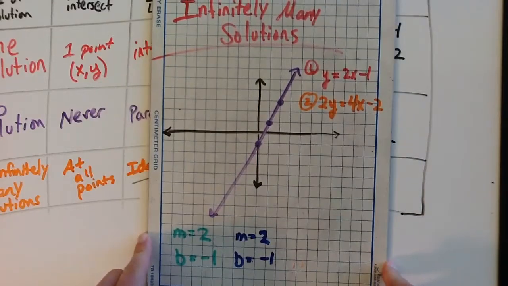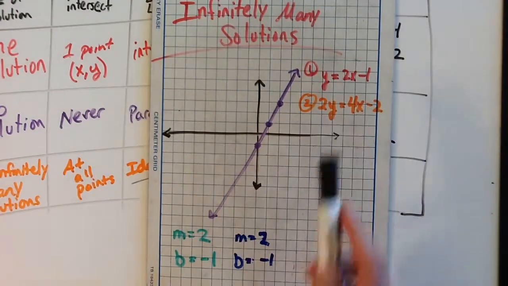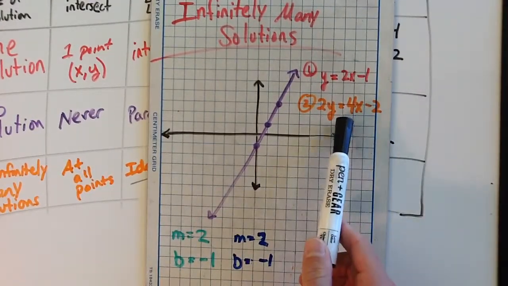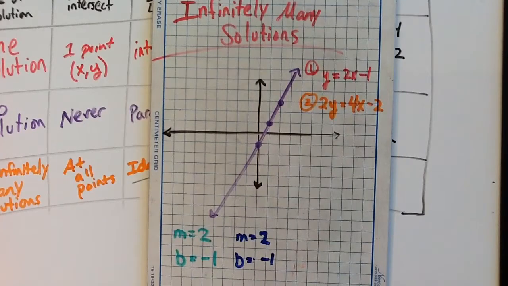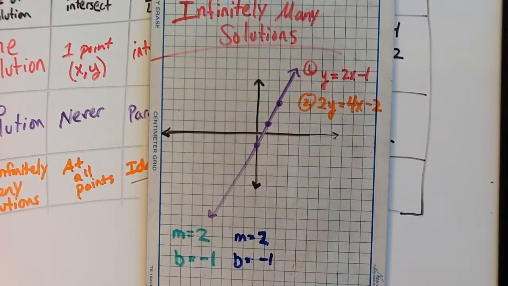As you can see, there's only one line on the graph, but in fact there are actually two because these lines are on top of one another. The first equation, y equals 2x minus 1, is actually the same thing as the second equation, 2y equals 4x minus 2. And again, they have the same m, 2, same slope, and the same y-intercept, negative 1. They cross the y-intercept at the same place.